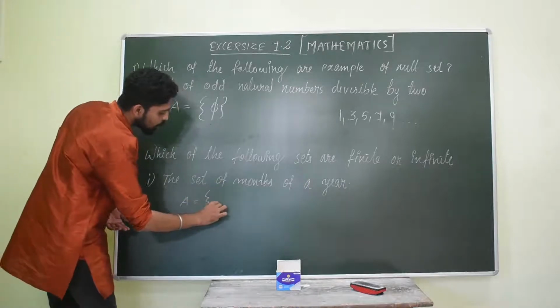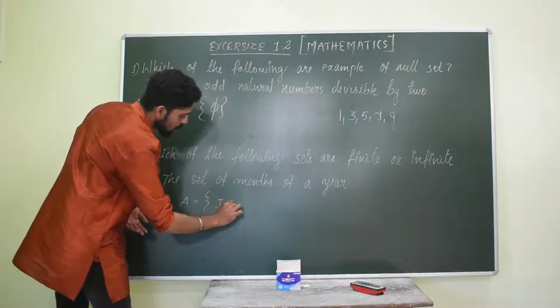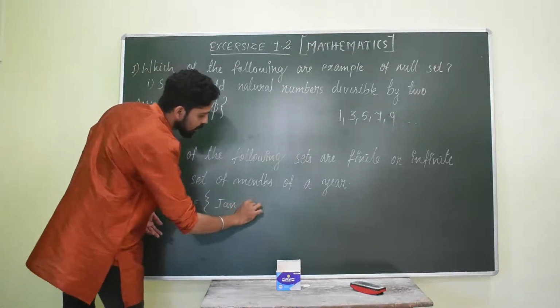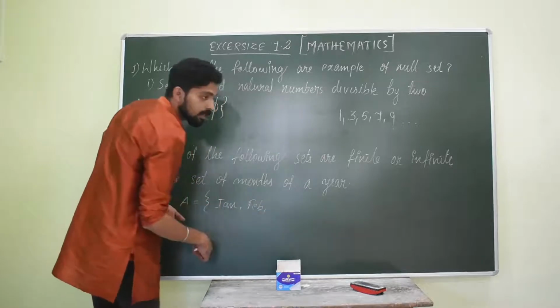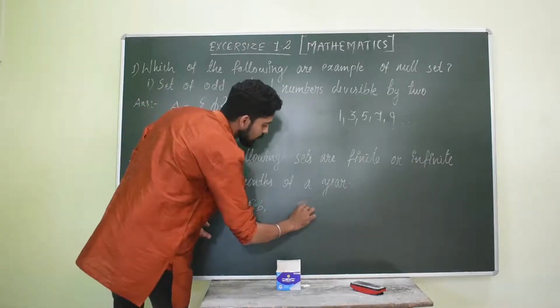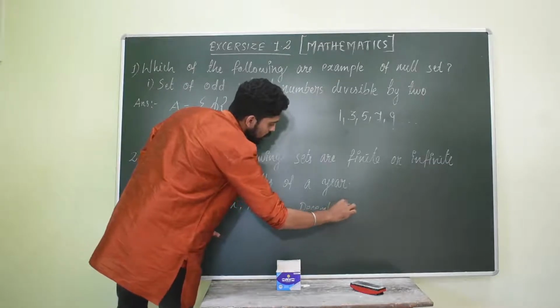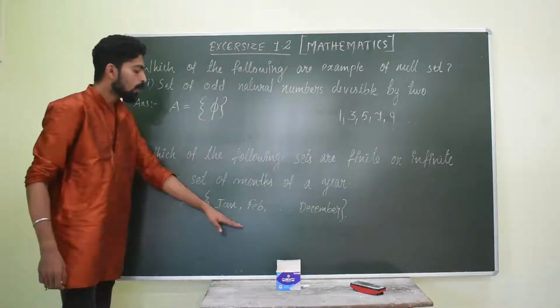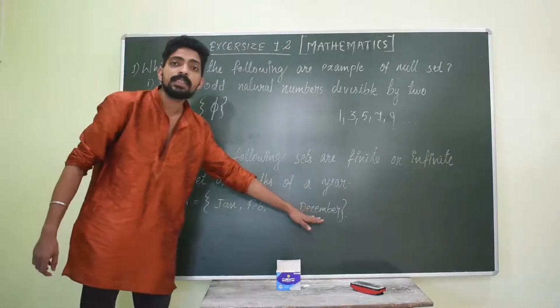We can write the set of months: January, February, etc. For a year, the starting month is January and the last month is December.